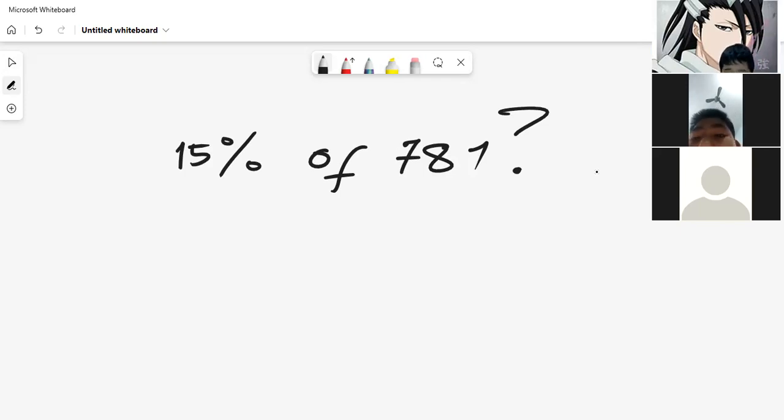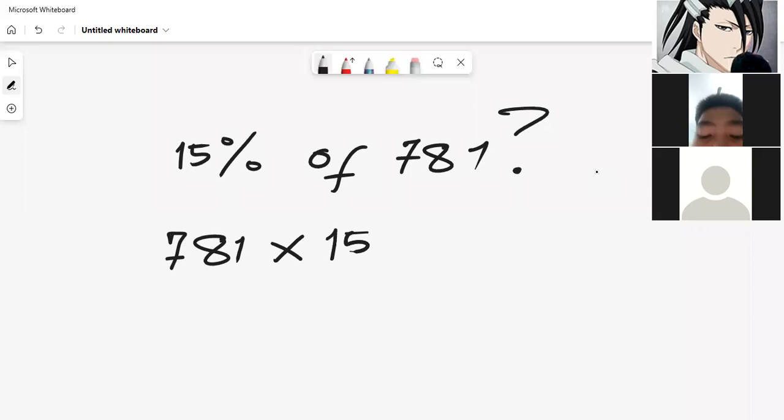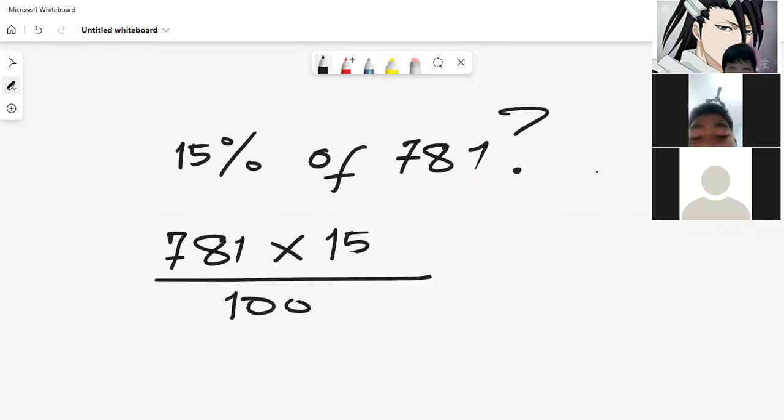It will become 781 times 15 divided by 100. I want you to remember this one. What is 15% of 781?